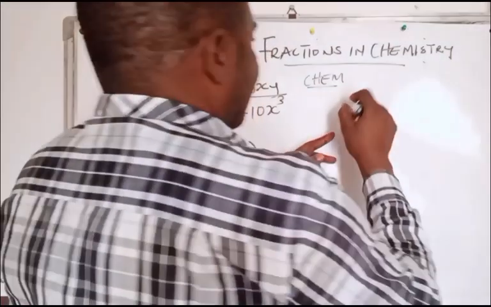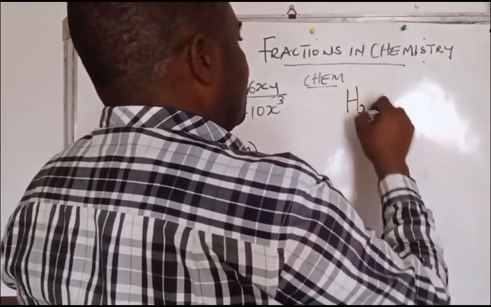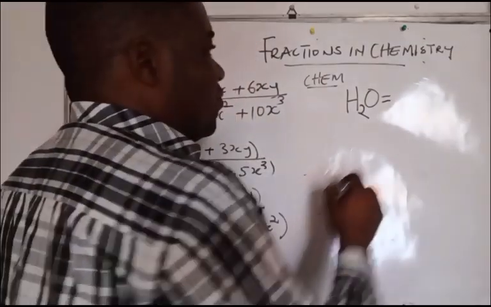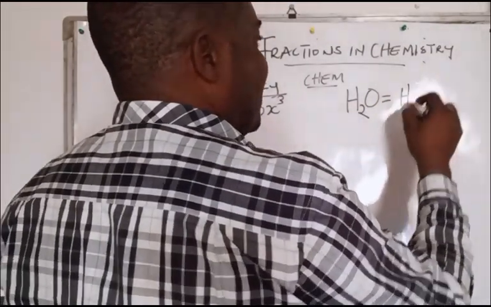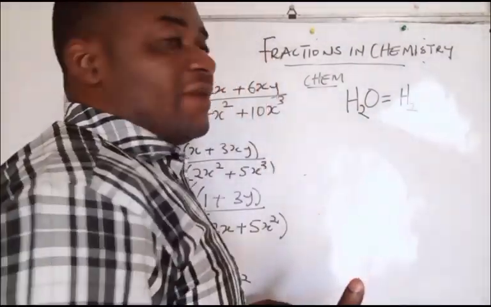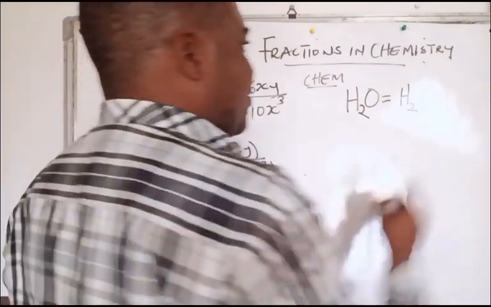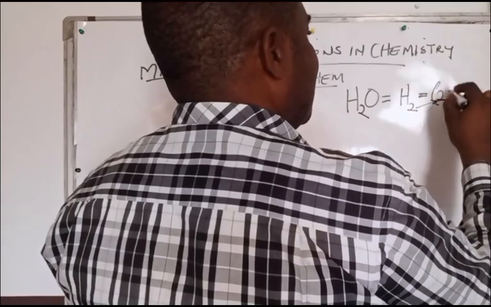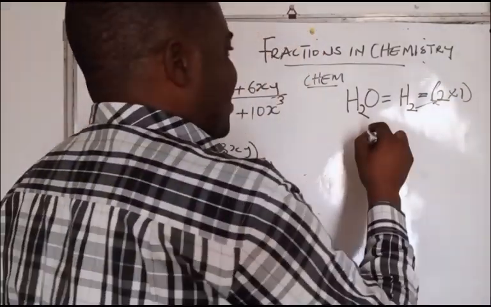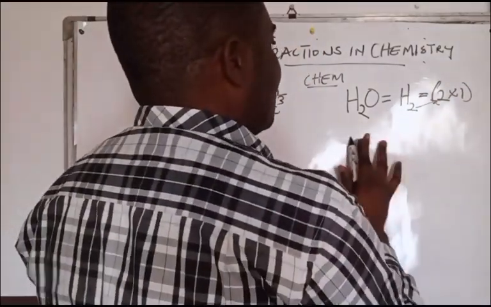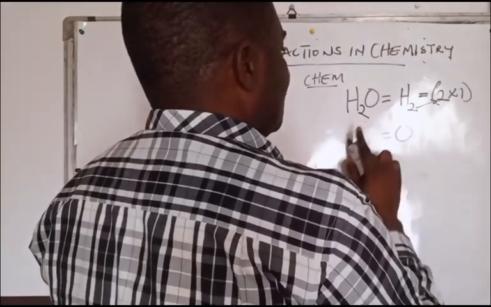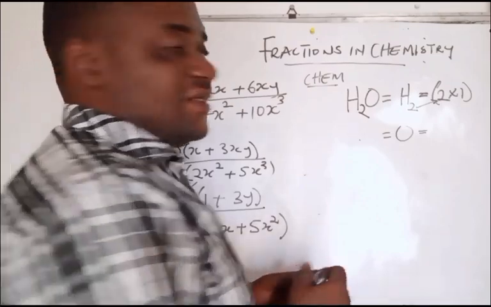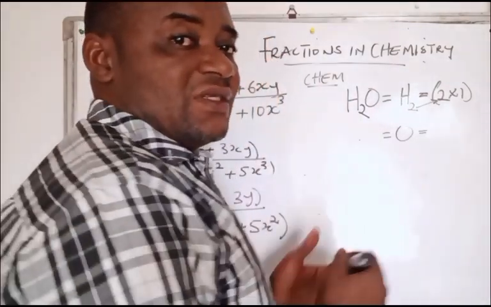Let us look at this. Water is H2O. And I'm sure we know that with H2O, hydrogen has an atomic number of 1. Is it not so? So here we have hydrogen 2, which is this, times 1. And then we have oxygen. And we know that oxygen has an atomic number of what? 8. So the atomic mass is what? 16.